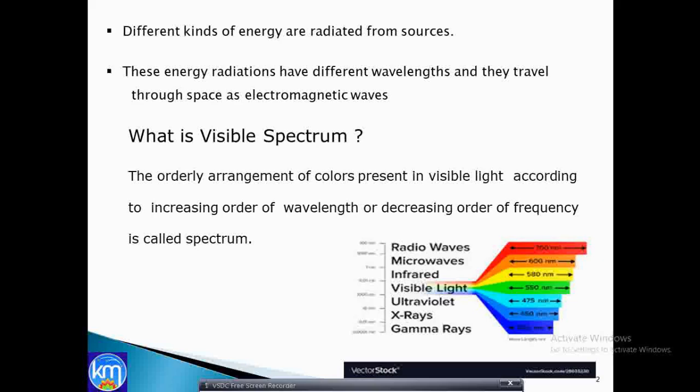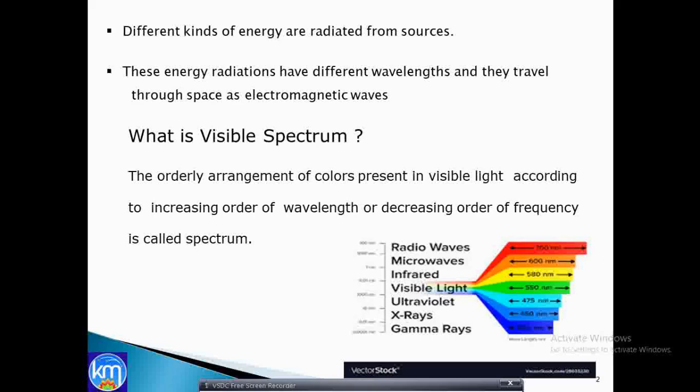There is no perfect exact boundary between the blue color and the red color. Depending upon the source, the wavelength will change slightly. There is no exact boundary between one color and the other in the visible spectrum.